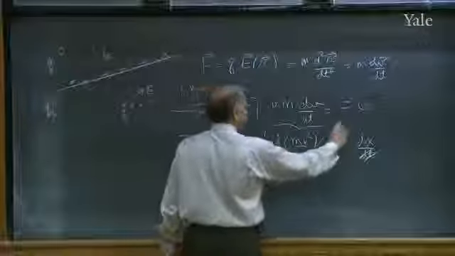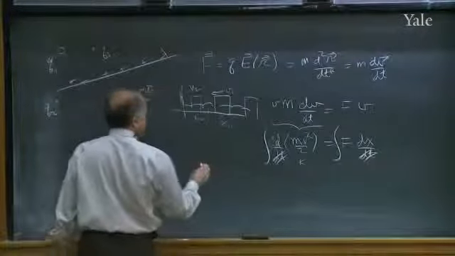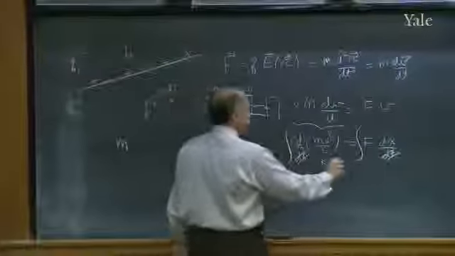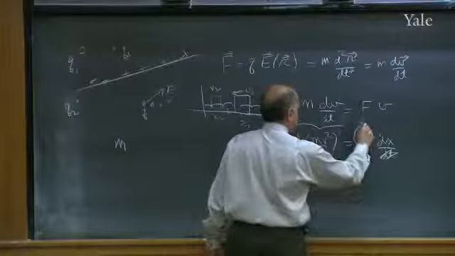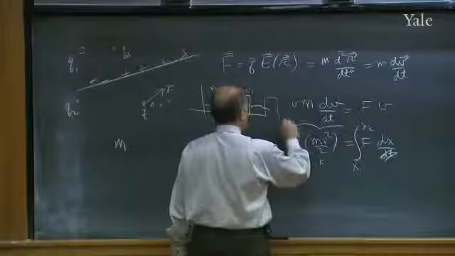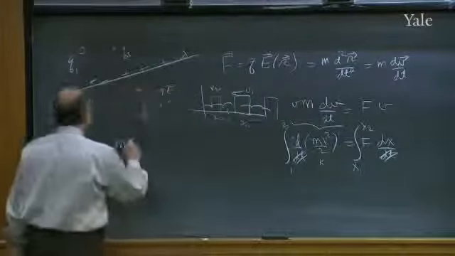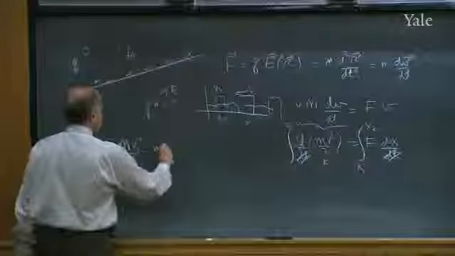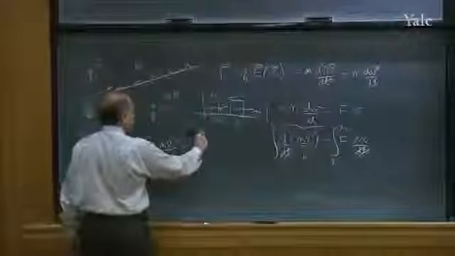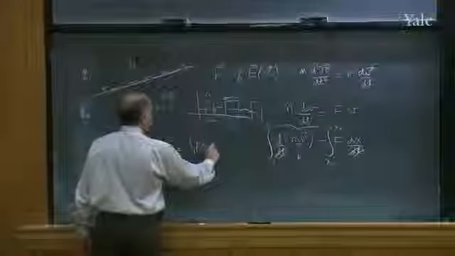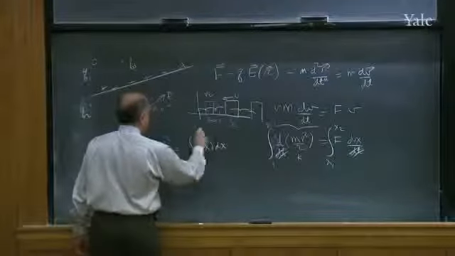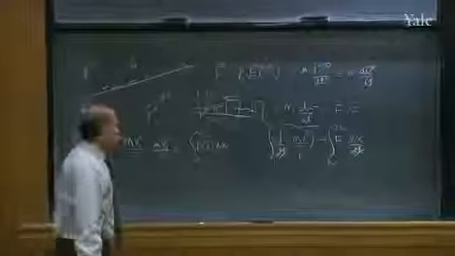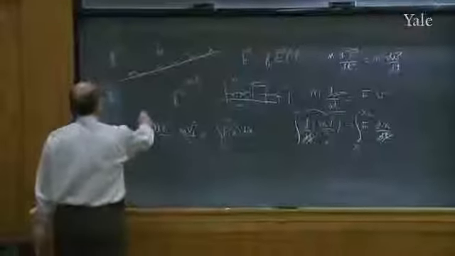And if you add up all the changes, integrating from a starting point to an ending point, we get m v2 squared over 2 minus m v1 squared over 2 is equal to the integral of F dx from x1 to x2. And this is called the work-energy theorem.